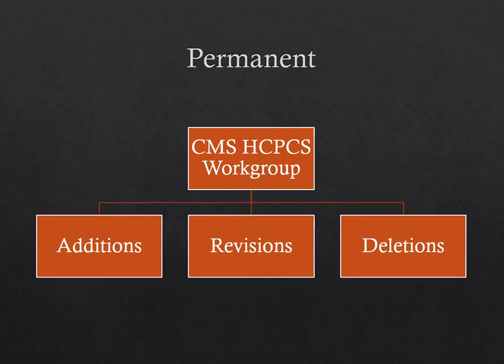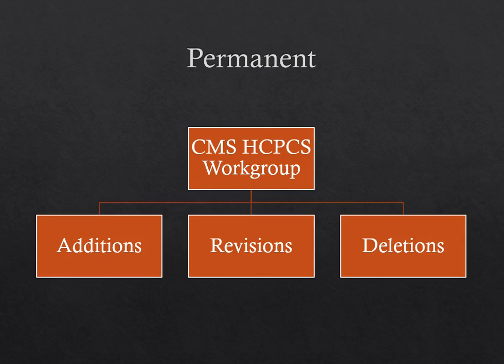All right, so our permanent codes. Permanent codes are maintained by CMS's HCPCS work group. Their role is to make decisions about the additions, revisions, and deletion of the codes.